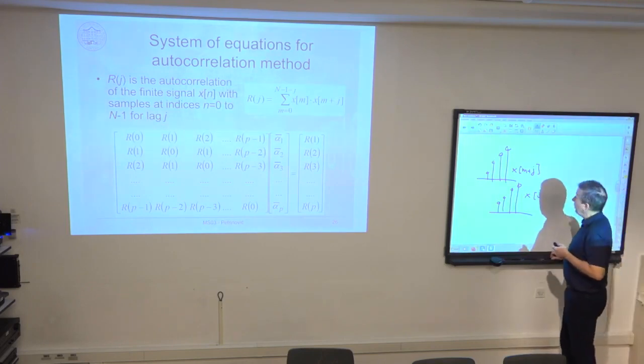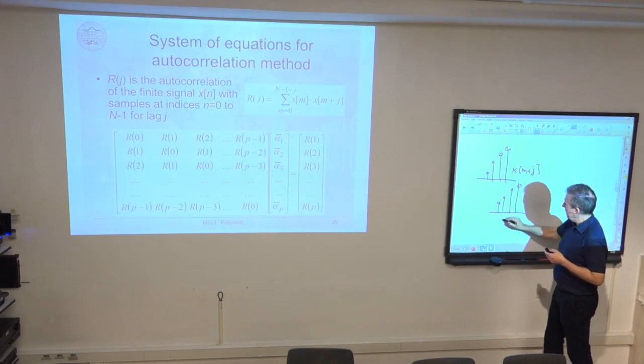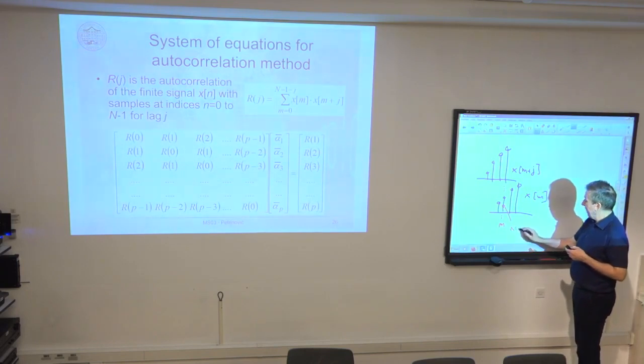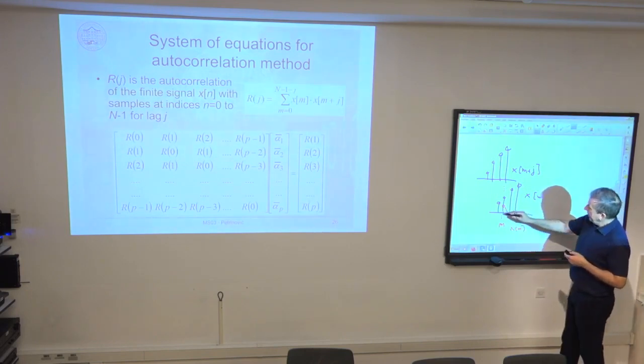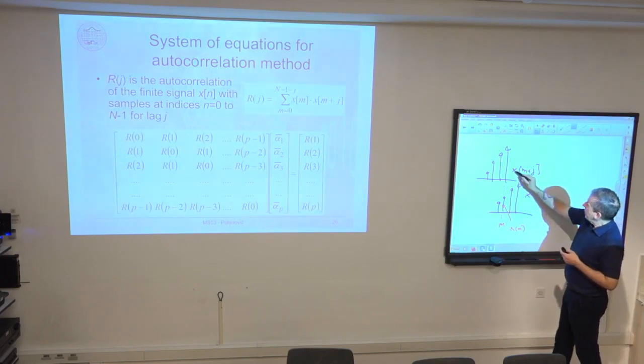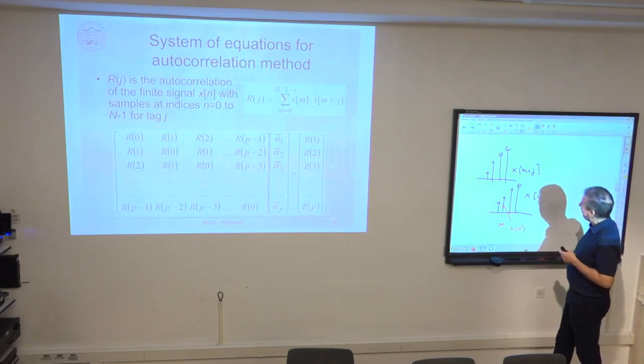So for example, on index, if this is m, so this is sample x of m, and at the same time instant, I have here m plus 2, and m plus 2 is exactly this sample. Okay.